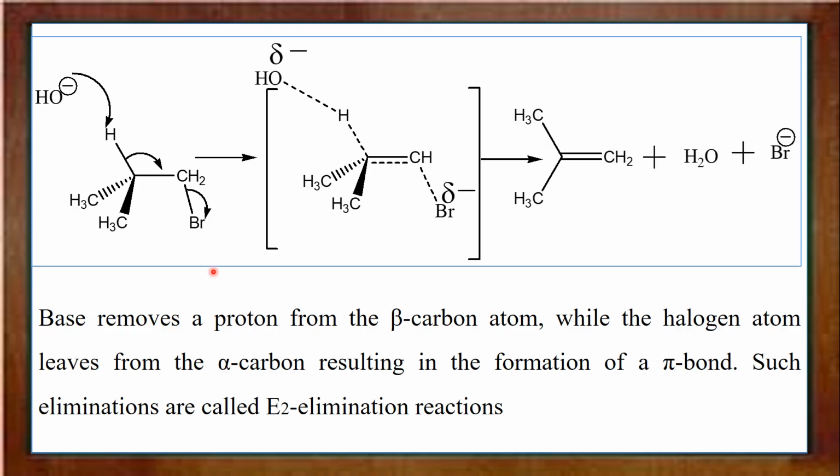So the base hydroxide removes a proton from the beta carbon atom, while the halogen leaves from the alpha carbon, resulting in the formation of a new pi bond. And this kind of elimination reaction, which takes place in a single step by a concerted mechanism, is called an E2 elimination reaction.